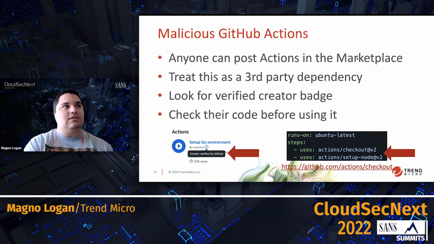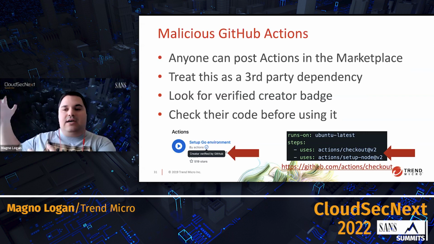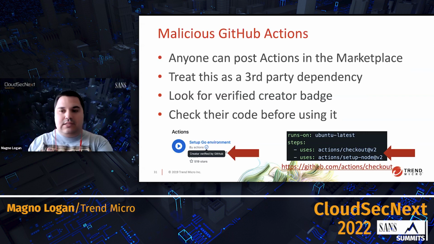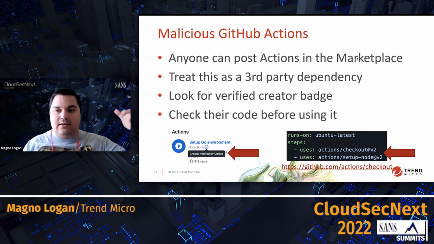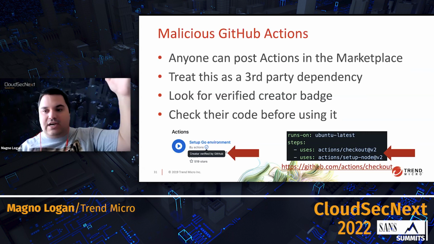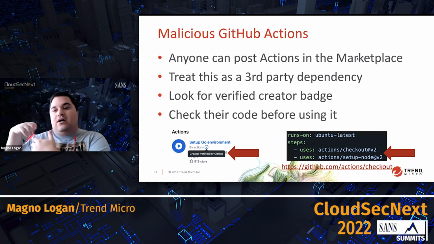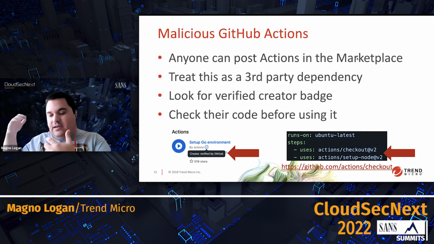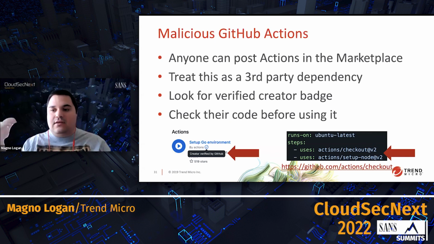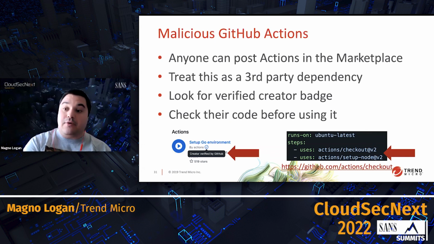If you're using someone else's action, it's a third-party dependency, just like libraries, right? With the recent log4j and Spring4Shell vulnerabilities, you can have that issue with actions as well. If you're using an action from a malicious or untrustworthy attacker, then you can compromise your repository as well.